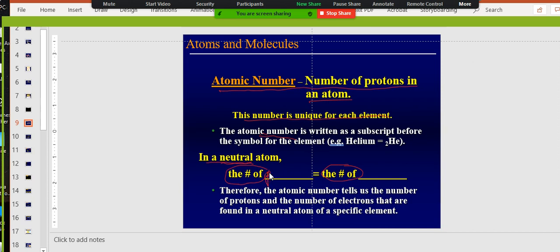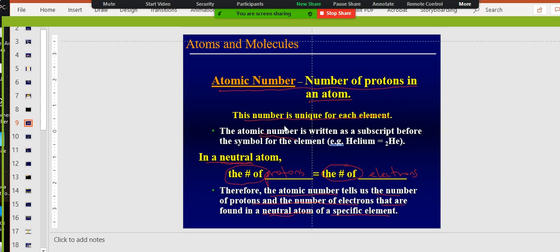Yep, that's exactly right. So we can always tell from the atomic number the number of protons and the number of electrons, if it's a neutral atom. And then we can use the mass number to figure out the number of neutrons. And we've already done that.